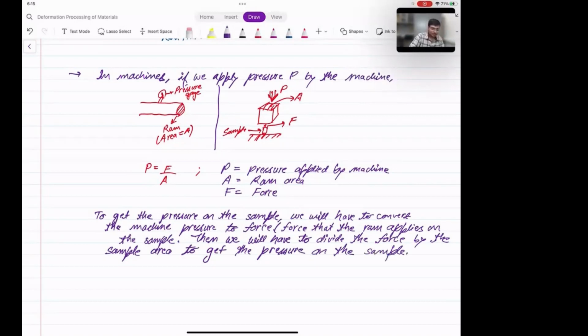Okay, so let us say this is P prime or P dash. This is the pressure experienced by the sample, and this will be again this force, which we can calculate from the relation written above, divided by the area of the sample.